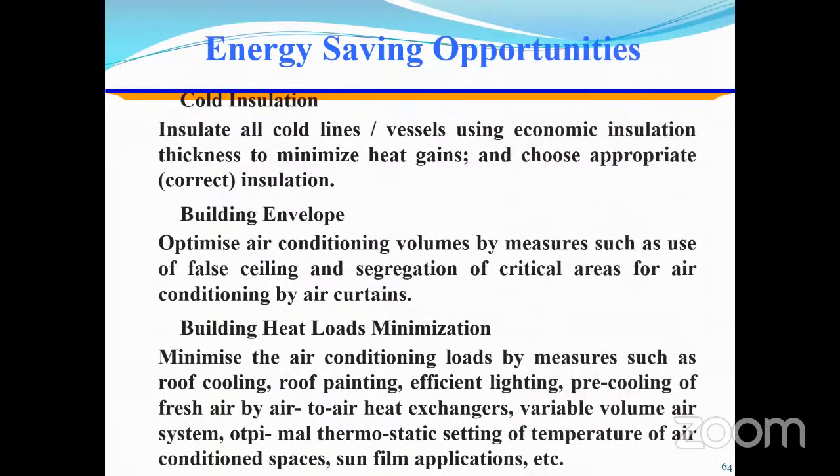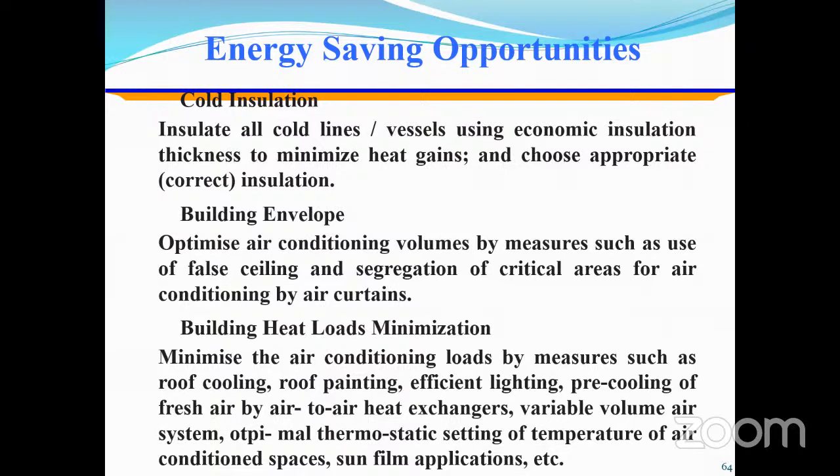Energy saving opportunities. So in an HVAC system, how do we save energy? Cold insulation: insulate all cold lines and vessels using economic insulation thickness to minimize heat gains, and choose the correct insulation.